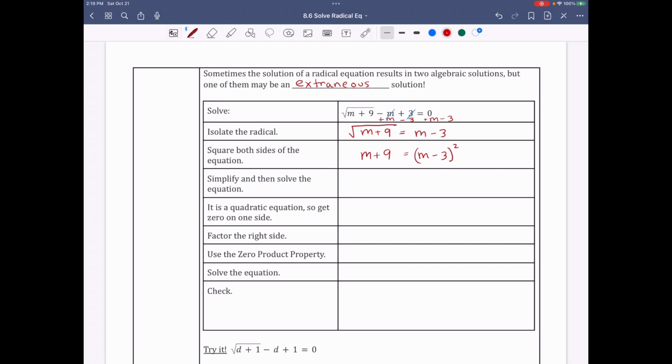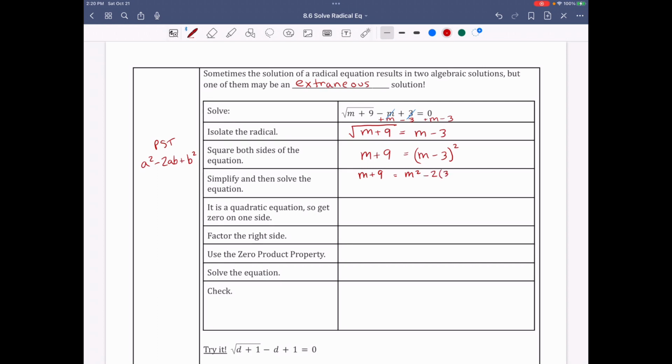Simplify and then solve. So we're going to use our perfect square trinomial method. Remember the a squared, in this case, it'll be minus 2ab plus b squared. That's our PST. Okay, so we'll get m plus 9 equals m squared minus 2.